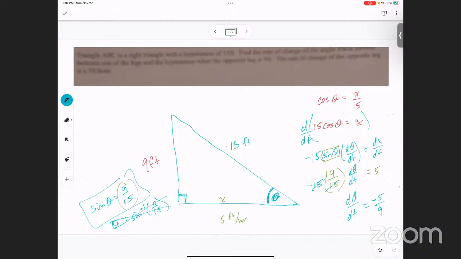That's what I kept thinking. It's the way they worded the question. They said the rate of change of an angle. We could have put theta up there, but then 9 would have been down here, and feet per hour would have been up here. You know what I'm saying? We could have done that, but the formulas all would be the same.